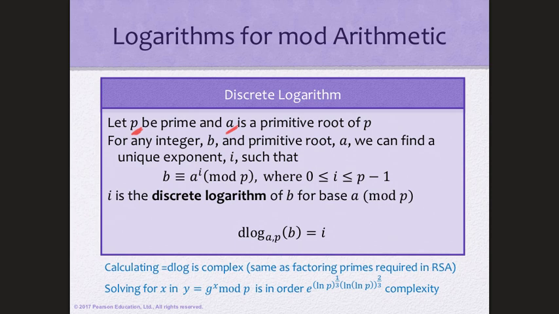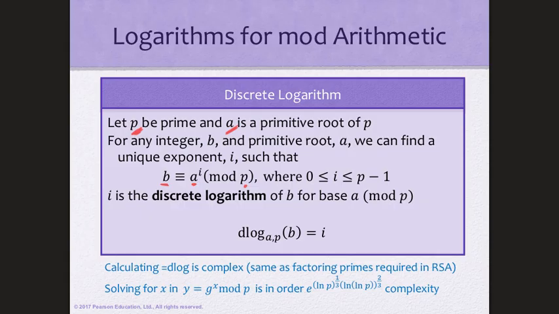And in that case, the definition is that we can write b is congruent to a raised to the power i, mod p. Remember, a and p have a certain relation. What is it? Yeah, a is a primitive root of p, and p is a prime number.